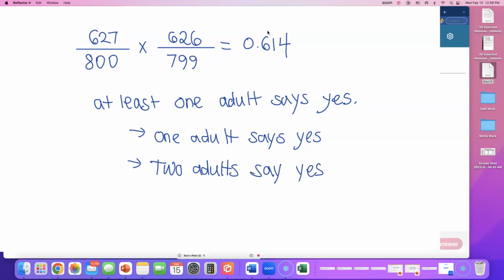That's 2 cases. So what I have to do is to find the probability of having just one person, find the probability of having 2 people, and add them together.